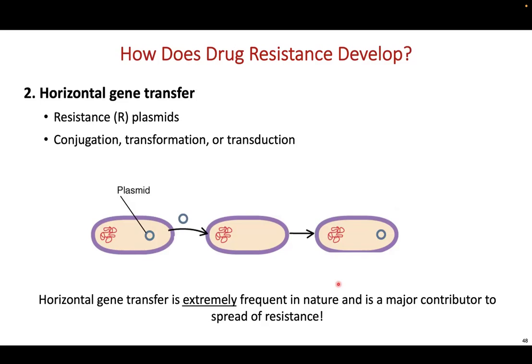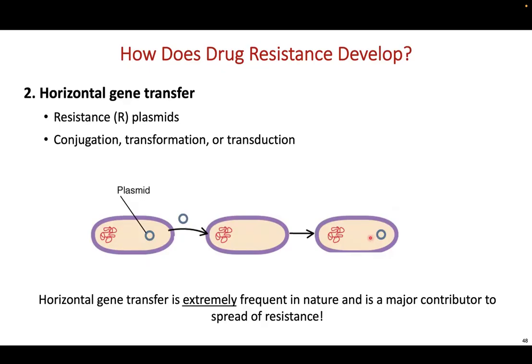So now let's talk about the second mode of antibiotic resistance development in the microbe, which is horizontal gene transfer. So basically, you have bacteria A sending its plasmid over to bacteria B, and then bacteria B now becomes resistant.